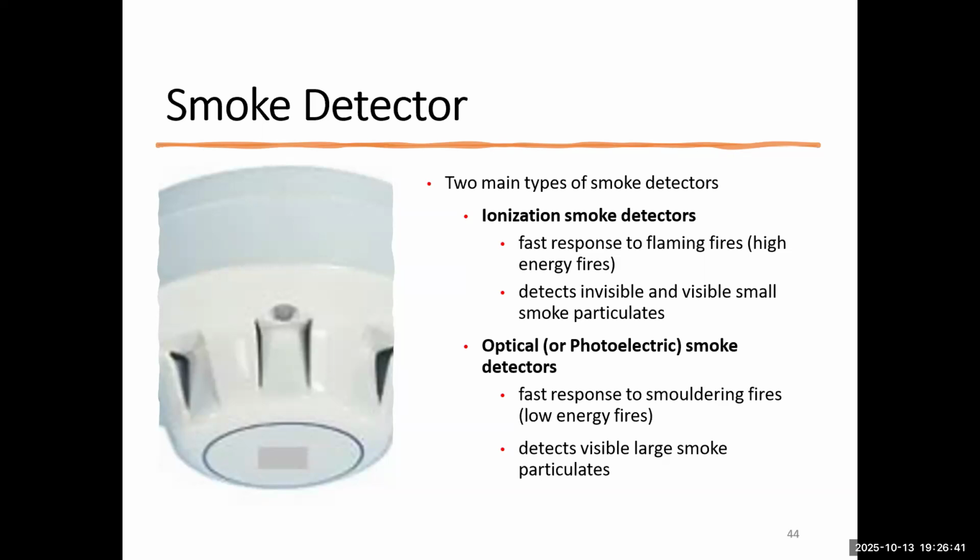The other one is the optical smoke detector, which is better at detecting the large visible smoke particles from a smoldering fire. So we always use a combination of these two kinds of smoke detector to get better coverage.